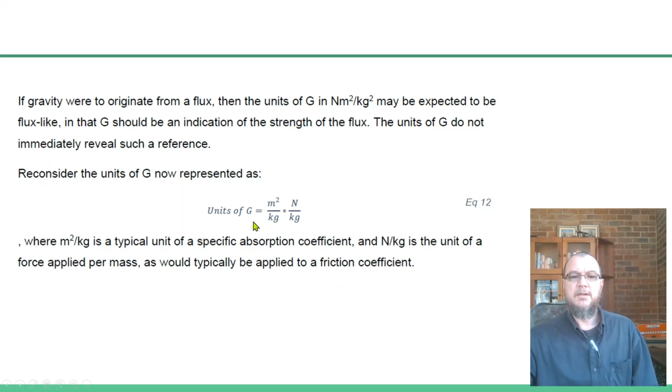Units of G shown as meters squared per kilogram times Newton per kilogram, where meters squared per kilogram is typically used as a coefficient of absorption. Newton per kilogram is more self-explanatory in that it tells us there is a force per mass. This will be our coupling constant, and we will need both of these to explain the interaction of the flux with mass.